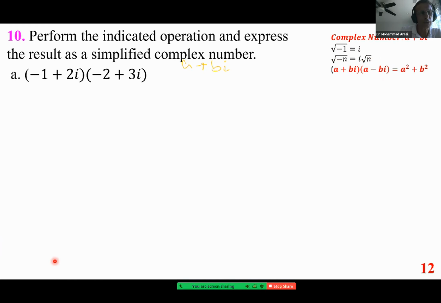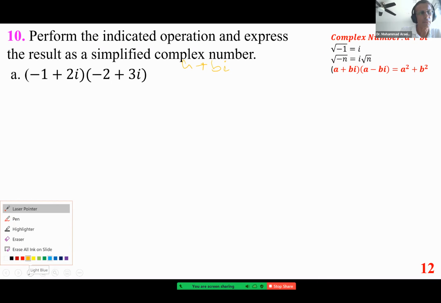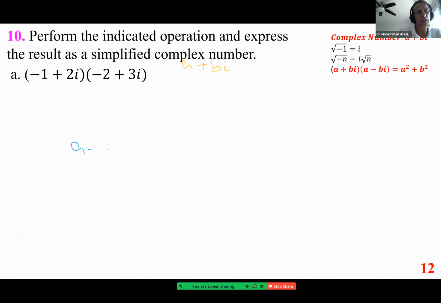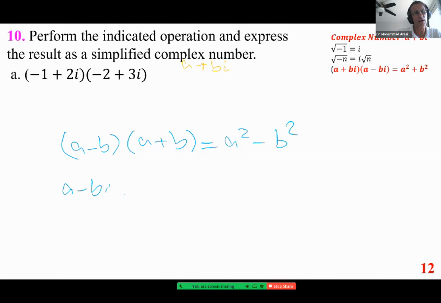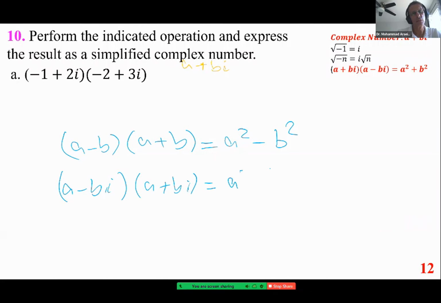So I'm going to remind you as to why it happens. Recall that a minus b times a plus b is a squared minus b squared. So if we have a minus bi times a plus bi, it is a squared minus b squared i squared.